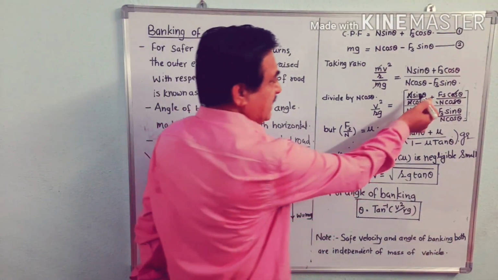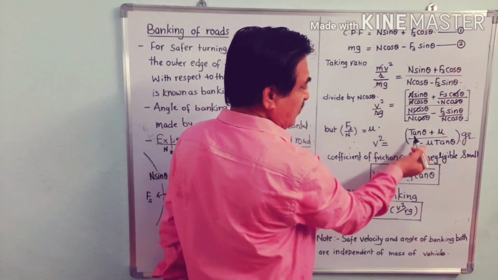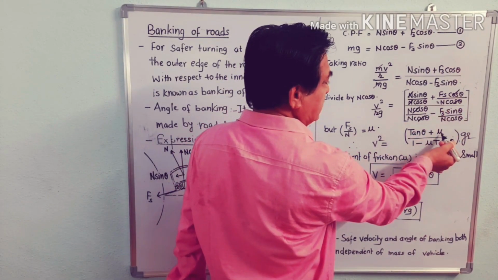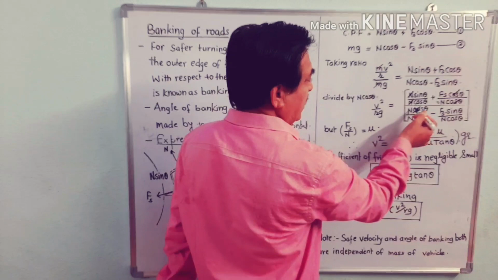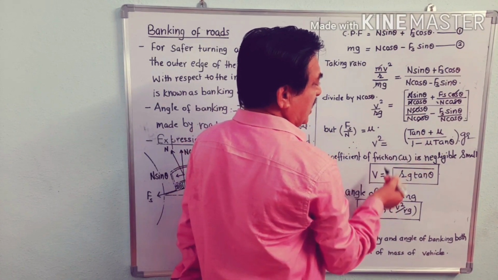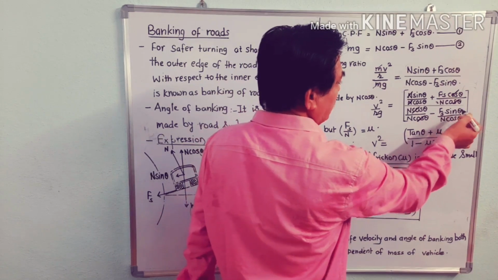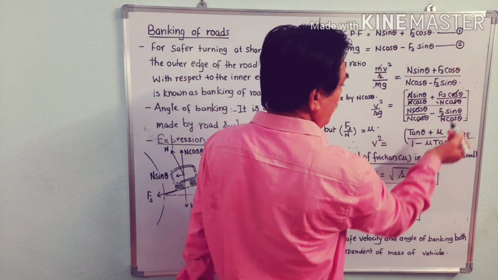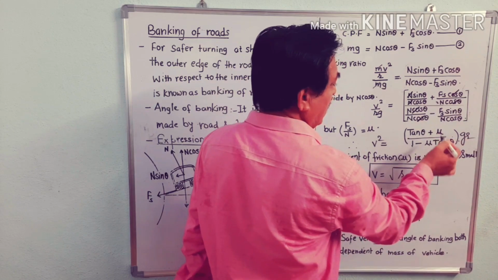So sin theta upon cos theta is equal to tan theta, plus Fs upon N is equal to mu. Here N cos theta gets cancelled, that is the ratio is 1, minus Fs sin theta upon N cos theta, that is Fs upon N is equal to mu, times tan theta.